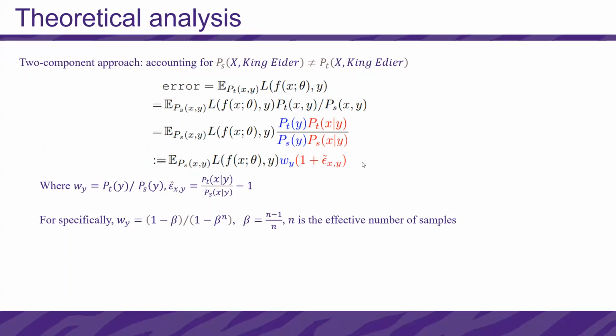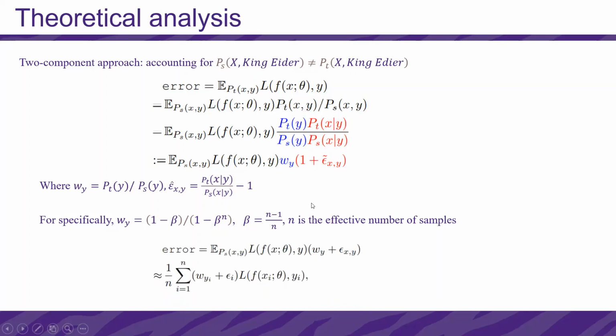So here are w and epsilon. There are two parameters in this paper. We will talk about them later in the algorithm. So the loss becomes this equation. Here, L is an unbiased loss function.